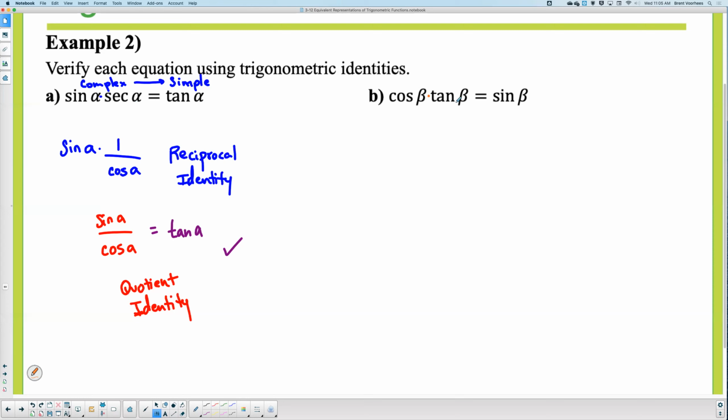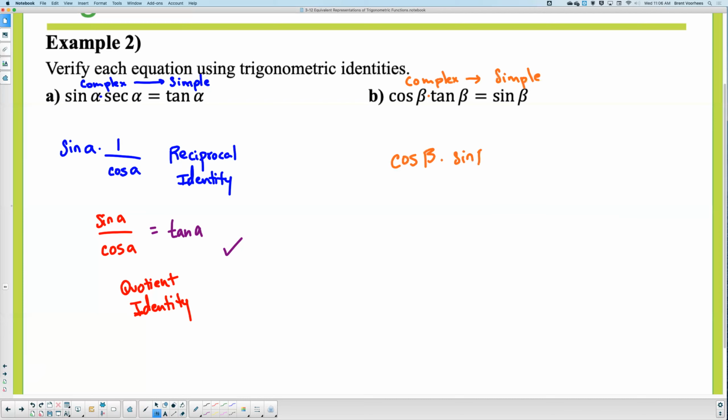This is cosine beta times tangent beta. Got to know your Greek letters here. Equals sine beta. Okay, I'm going to start on the complex side, and we work from complex to simple. So on the complex side, what could we do? What could we break down in terms of a sine or cosine? Tangent. What is tangent in terms of sines and cosines?